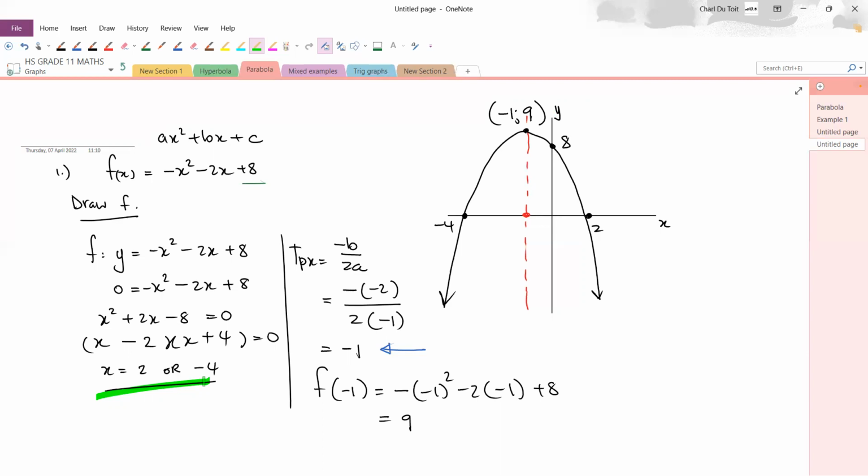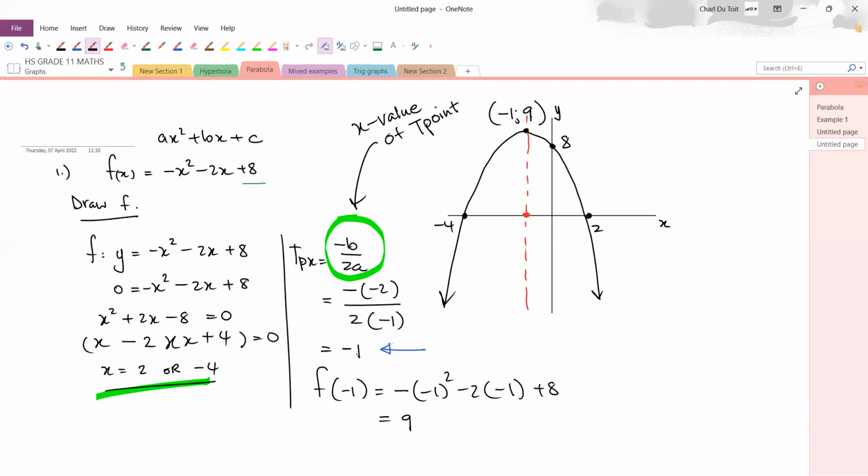Yes. Okay, now there's a formula to get the x value of the turning point. It's -b over 2a. Oh, okay, so let me write this down. That's a formula. So that's the x value of the turning point.